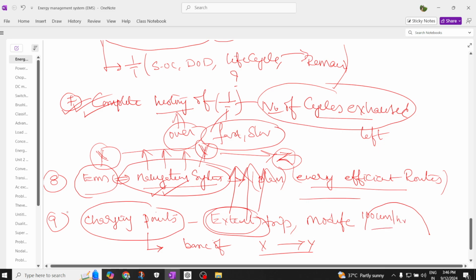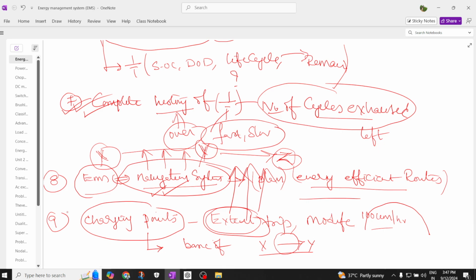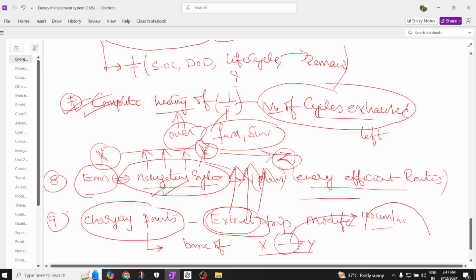But suddenly, in X to Y there may be some traffic. In this traffic your battery gets drained off. So when your battery gets drained off, there are a lot of problems. When your battery is getting drained off, that can also be calculated with the help of the energy management system, navigation system.